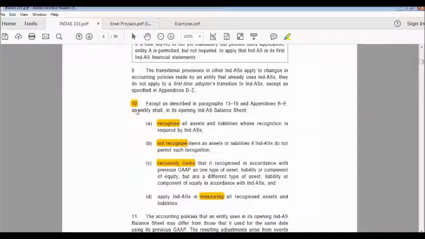And then the next important paragraph is paragraph number 10, which is about the basics.